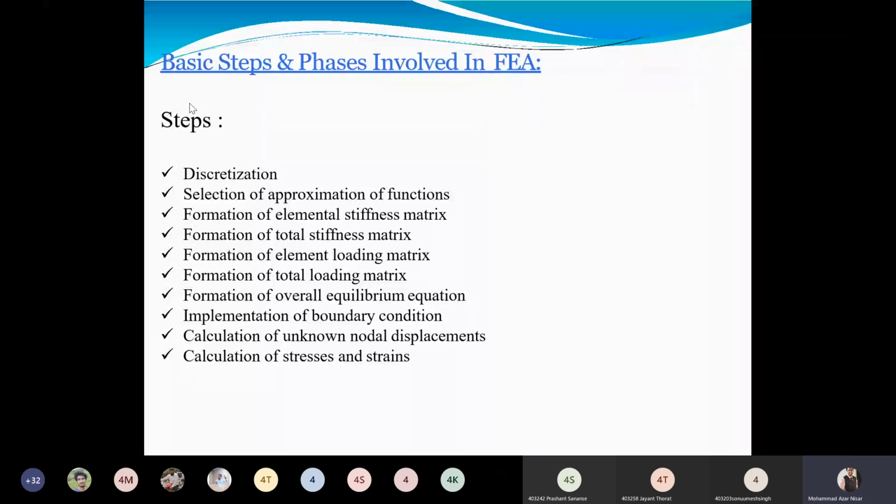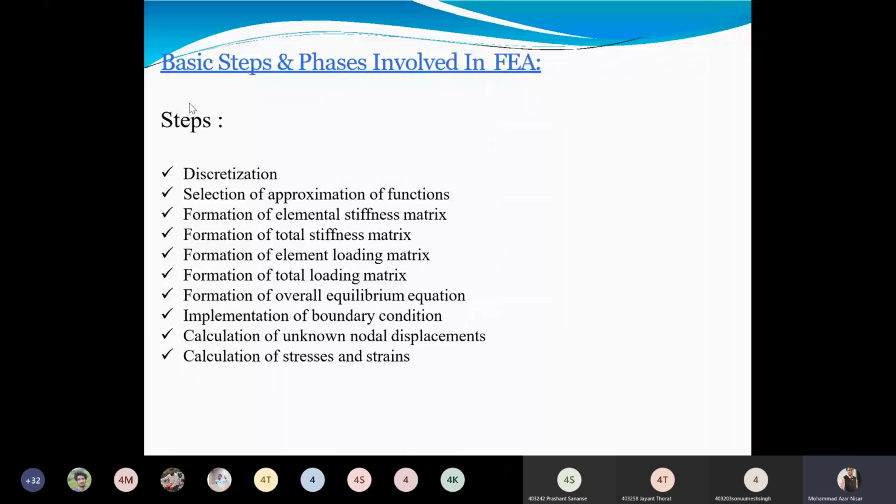Then you have to find out the total global stiffness matrix, and then formulate that with respect to the loading conditions, that is boundary conditions. Then you find the overall equilibrium equation, and after implementation of boundary conditions, we can calculate the nodal displacement, stresses and strain from it. So these are the total steps.